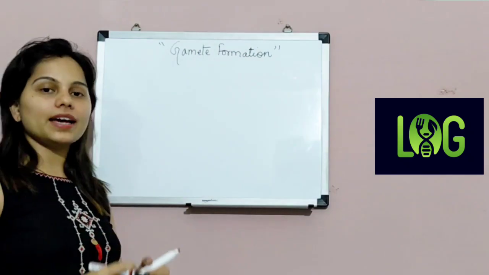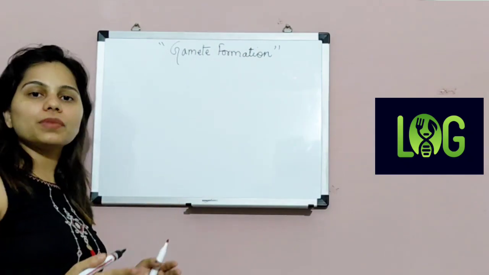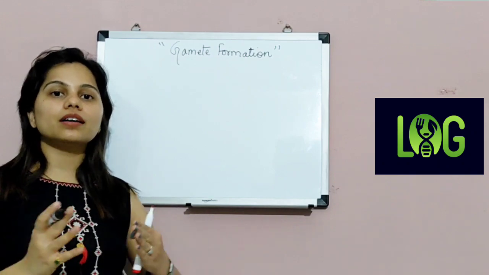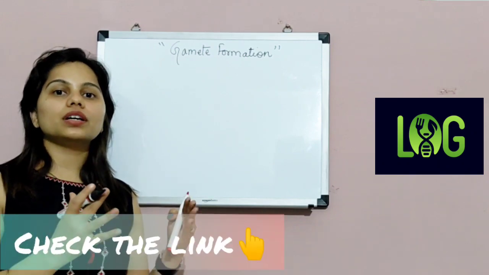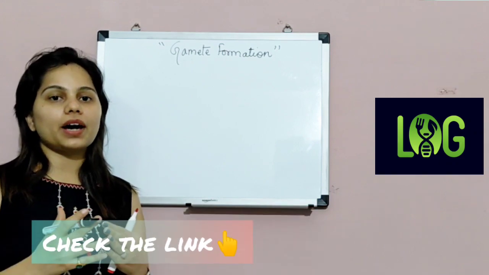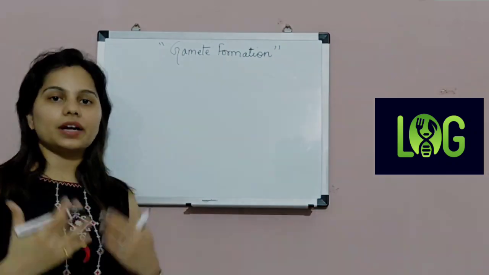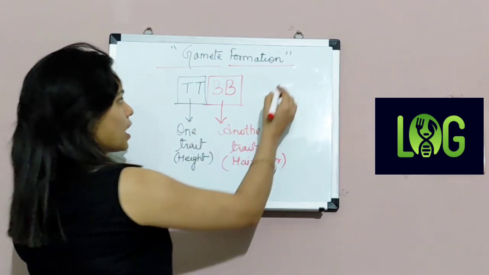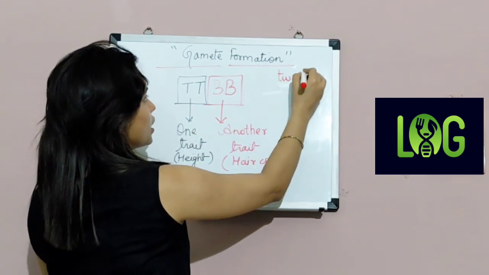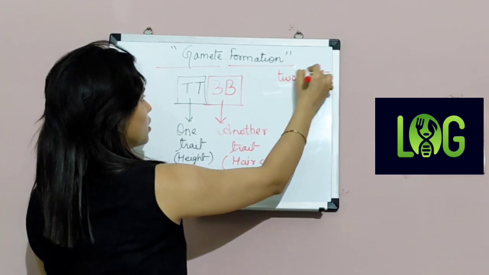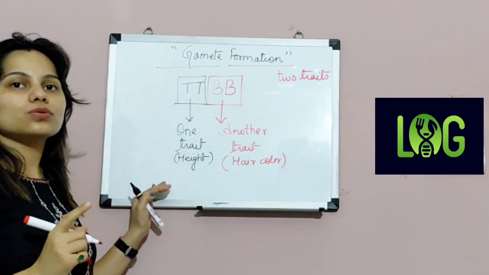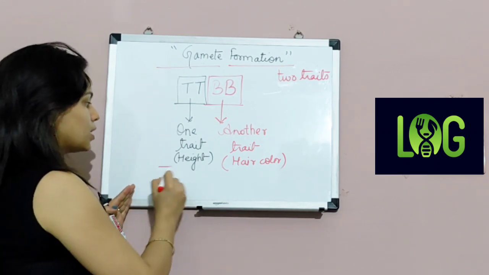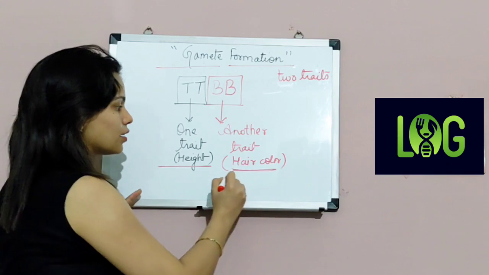As I have already explained in one of my videos, dihybrid means we are considering two traits and observing the hybrids formed by those two traits. When we talk about gamete formation, we consider the dihybrid cross, that is, two traits. Here I am considering one trait as height and another as hair color.